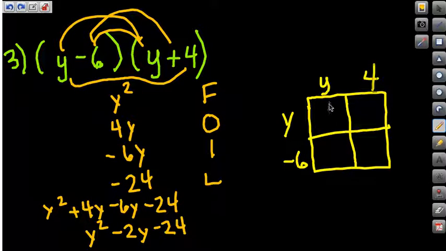Okay, so we first have column 1 in row 1, so that's y times y is y squared. 4 times y is 4y. And then we have y and negative 6, so that's negative 6y. And we have 4 times negative 6, which is negative 24.